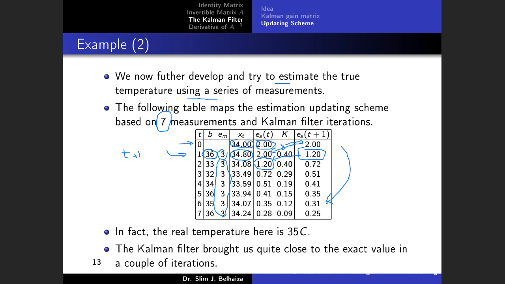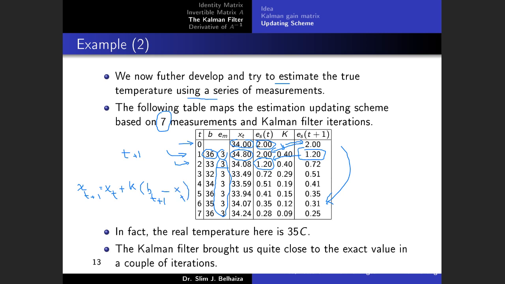So with the new measurement now of 33 degrees and the same measurement error, I can update my estimation using the same formulation. So we said here that x_{t+1} at every iteration, it's very easy to remember, is equal to x_t, the old estimation, plus K times the new measurement, let's say it's b_{t+1} minus x_t.